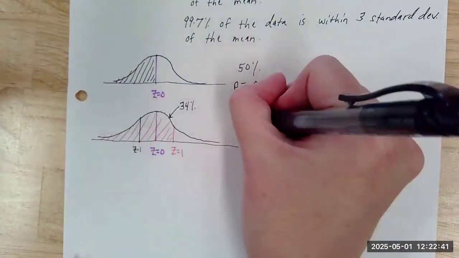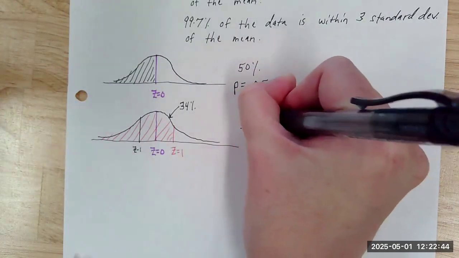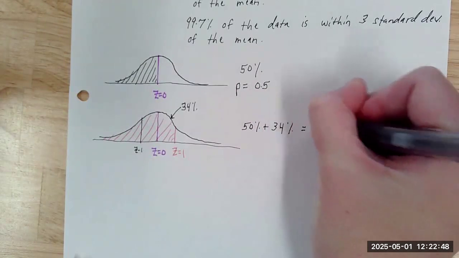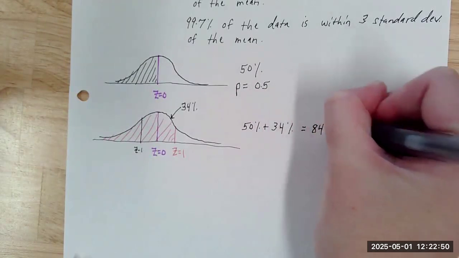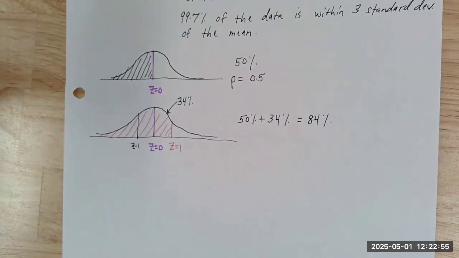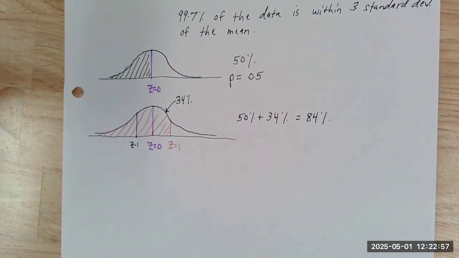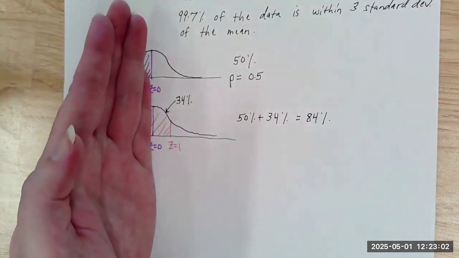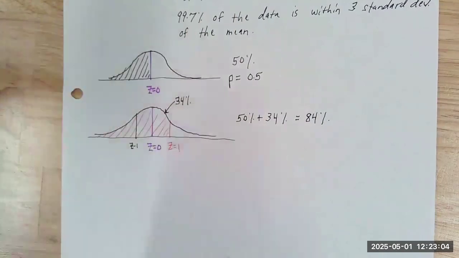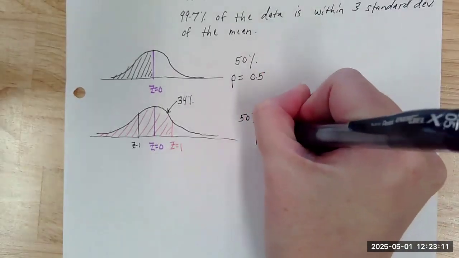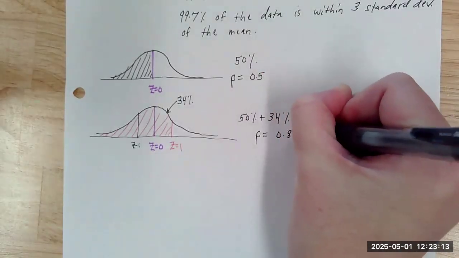So to go to z is equal to 1, you've got 50% plus 34%, which should come out to be 84%. You have the 34% because I cut 68 by 2. From here to here would be 68, and if I only want that part of it, then I've got to cut it in half. Good. So I got 84% using the empirical rule. That would mean that we have p is equal to 0.84.